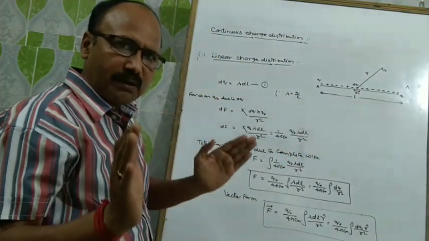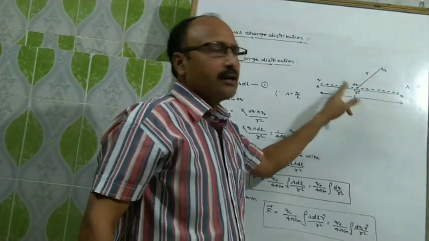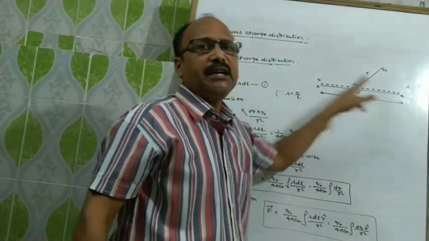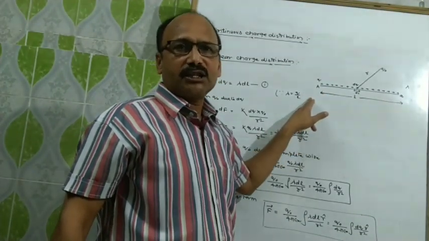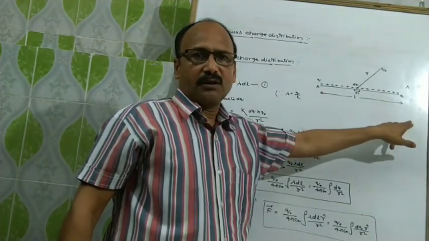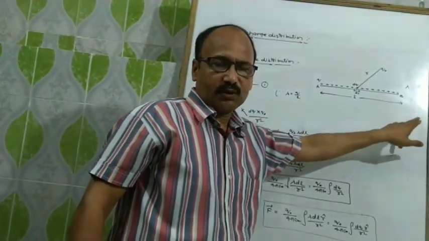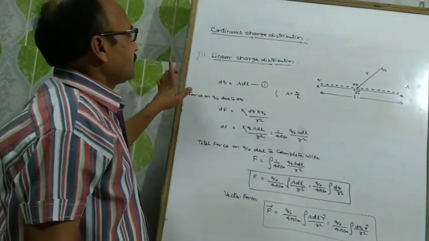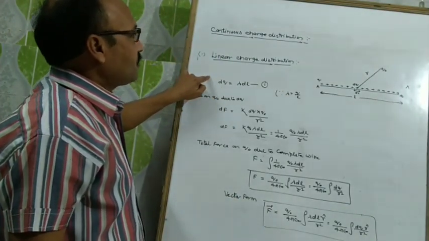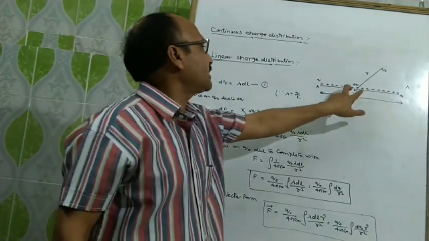Okay, so first of all we have to find out the force on q naught due to dq, then due to this complete charge distribution, this complete charged wire, or due to this complete line charge. For this, first of all we have to find out the value of dq. dq means charge on this small element.